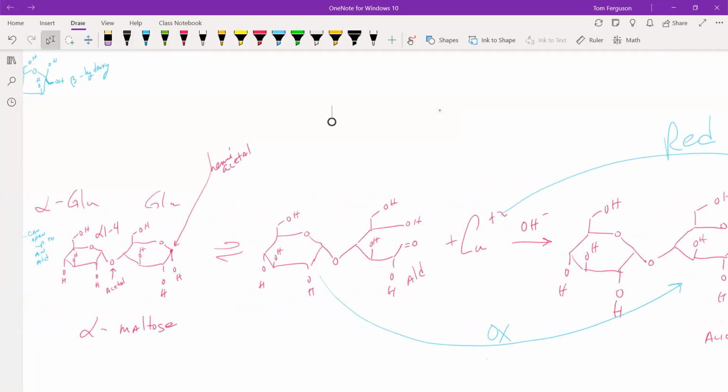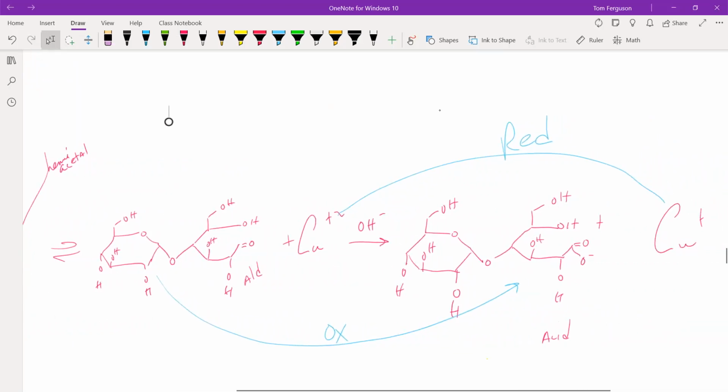Okay, that was a pretty involved reaction. Start with maltose. Maltose is a reducing sugar, so one of the pieces can open up into a hemiacetal. That then creates the aldehyde. The aldehyde undergoes oxidation.